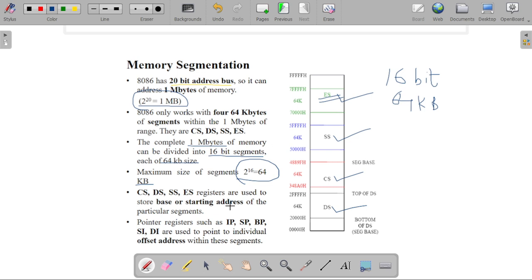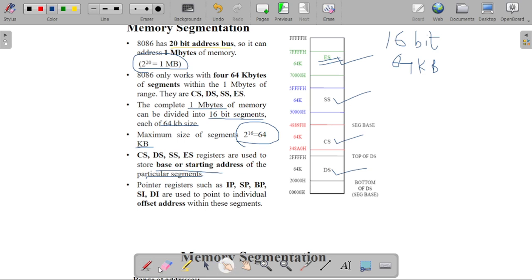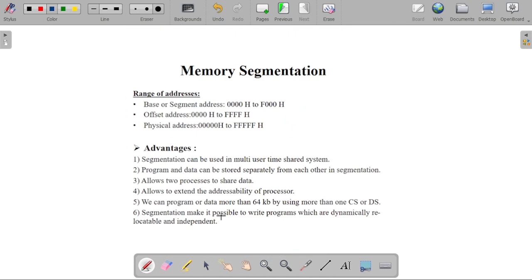These segment registers are used to store the base address or starting address of a particular segment. We are also using pointer registers such as instruction pointer, stack pointer, base pointer, source index, and destination index. These are used to store the offset address within the segment, and the offset address is a 16-bit address.